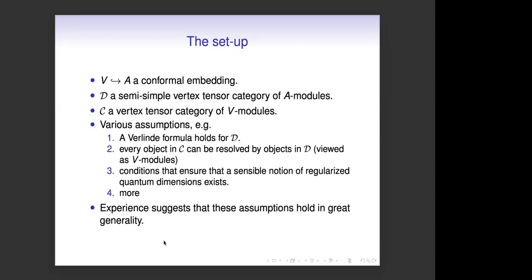I don't want to conjecture anything here, but sloppily said is that every VOA that one would like to declare to be not pathological in some sense should allow for such a setup.